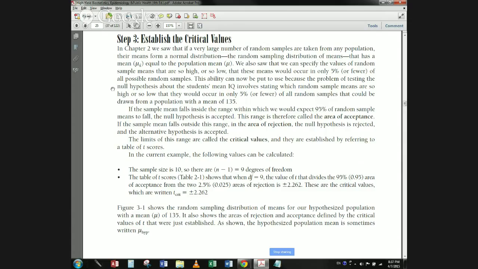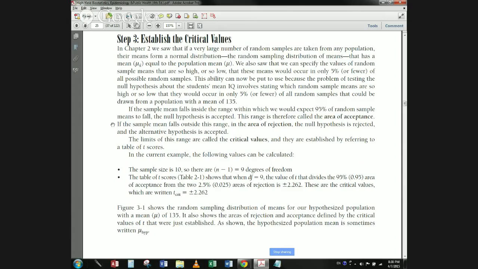This ability can now be put to use because the problem of testing the null hypothesis about the student's mean IQ involves stating that random sample means are so high or so low that they would occur in only 5% or fewer of all random samples that could be drawn from a population with a mean of 135. If the sample mean falls inside the range within which we would expect 95% of random sample means to fall, the null hypothesis is accepted.